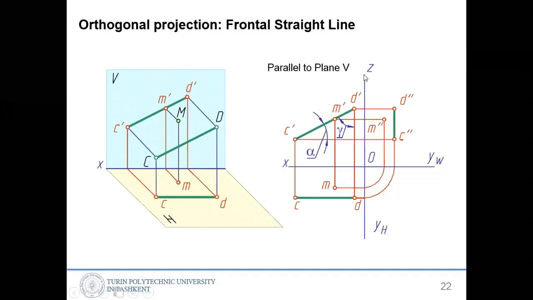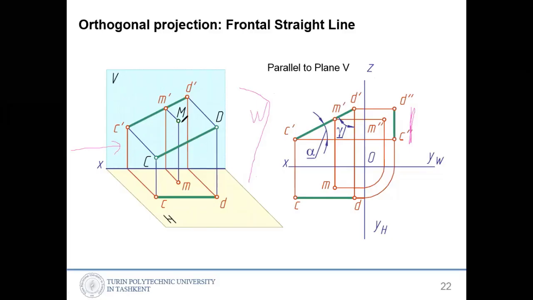And from the side also, if you see from this side to the W plane side, you will see again the straight line like this. Because the line is parallel to the V plane, that's why it looks like this. Okay, so only one slope. It has only one slope.